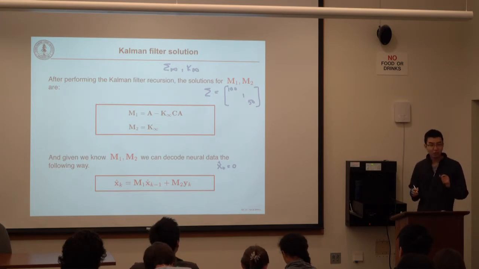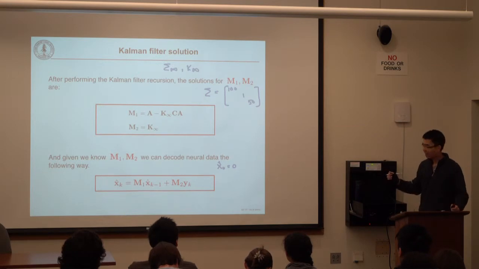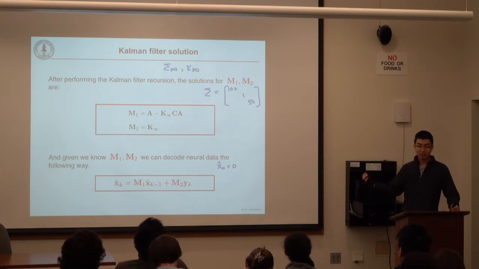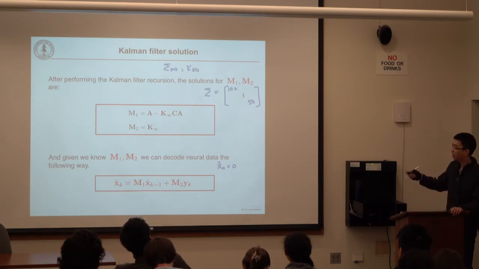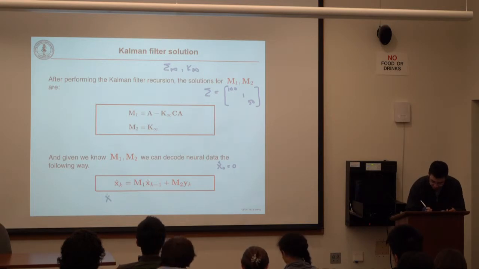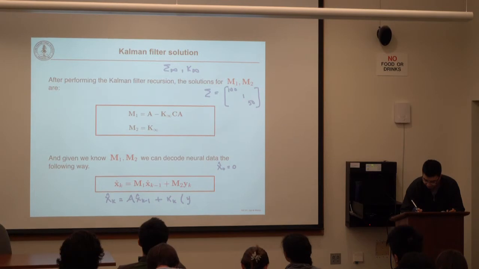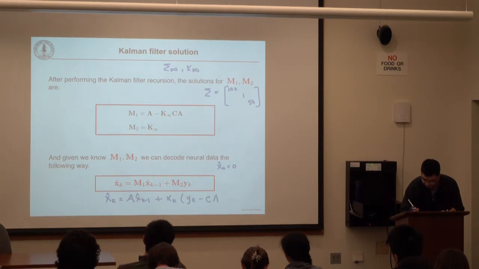All right, before I go on, I also wanted to really briefly note that we're showing you this equation for the Kalman filter, and you probably won't see this anywhere else. Usually the way that people write Kalman filters is to plug in this M1 and this M2 here, and it ends up looking something like this. So it'll look like x hat k is equal to A x hat k minus 1 plus k times yk minus c a x hat k minus 1.